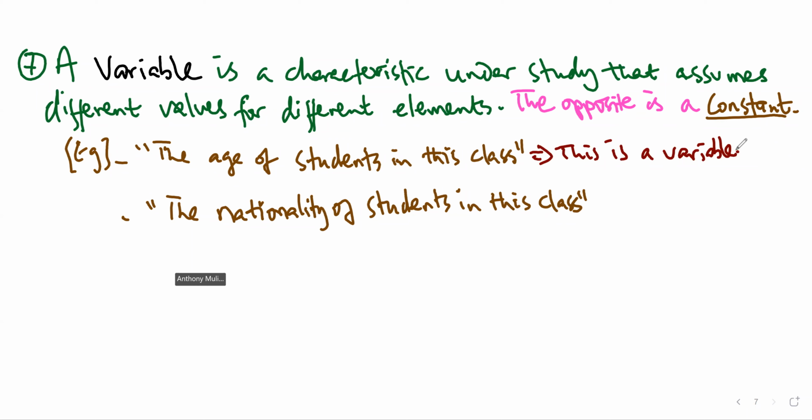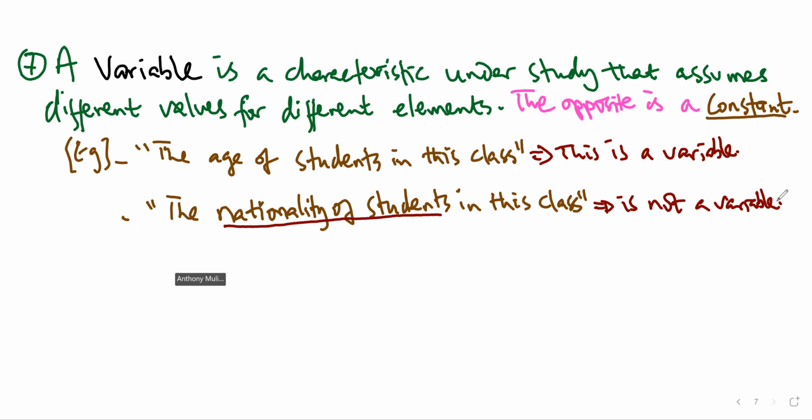So if everyone in this class, for instance, is a Kenyan, then the nationality of students in this class is not a variable, if at all this statement is correct. I'm assuming that nobody in this class is coming from elsewhere. I know there are classes where we have students from other countries, but for this particular one, I'm sure there are no students from other countries. So this is not a variable.